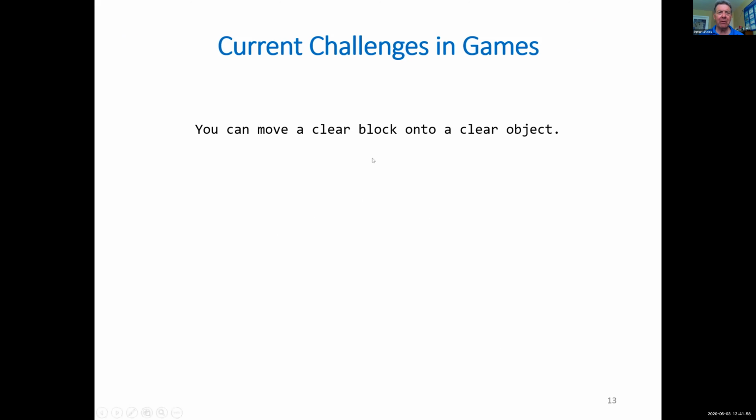So let's take this sentence. This is defining an action model that we've been hearing about today. You can move a clear block onto a clear object. So that's kind of a general principle that works in the blocks world kind of environment. But an important thing is that these referring expressions here are hypothetical, because we want this to be a rule that we can apply to all sorts of different things in the future.